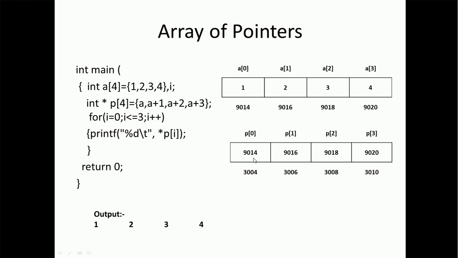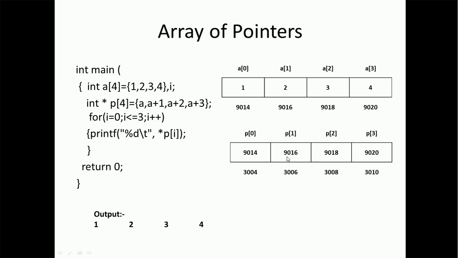because of this assignment here. So p0 is holding the address of a0, p1 is holding the address of a1, p2 is holding the address of a2, and p3 is holding the address of a3. When we print star p0, this will print the value at the location 9014, which is 1.